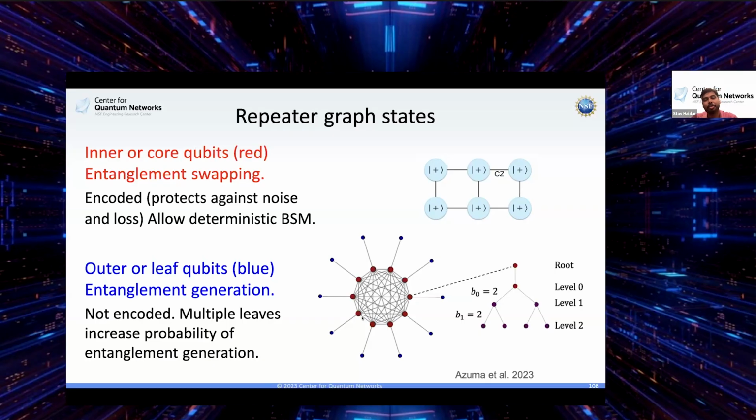And remember, there's some motivation to that, because we said that Bell state measurements, like other two-qubit operations, are probabilistic for photons. So by making an encoded state do that business, we are trying to make sure that we can do it in a deterministic fashion. This graph state structure will allow you to do the Bell state measurements deterministically. And then the outer qubits are used for heralded entanglement generation, and as you see, there are a lot of them, and this will play a role similar to what multiplexing played in the memory-based schemes.